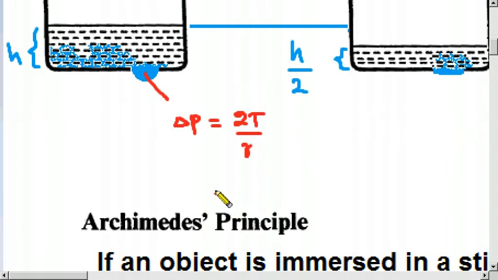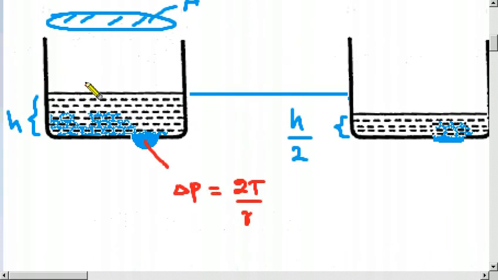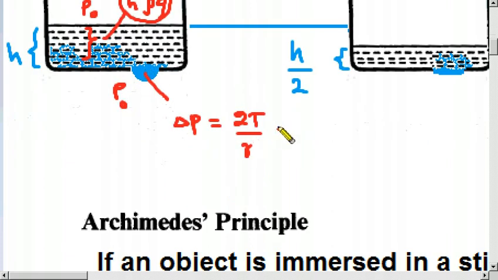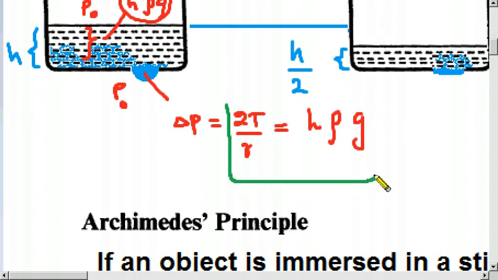So that is the excess pressure. Here P naught is the atmospheric pressure, and here also P naught, atmospheric pressure. The excess pressure is the pressure given by this water column. So that is H rho g. So excess pressure is H rho g. So we get an equation like this now. This one is the excess pressure.